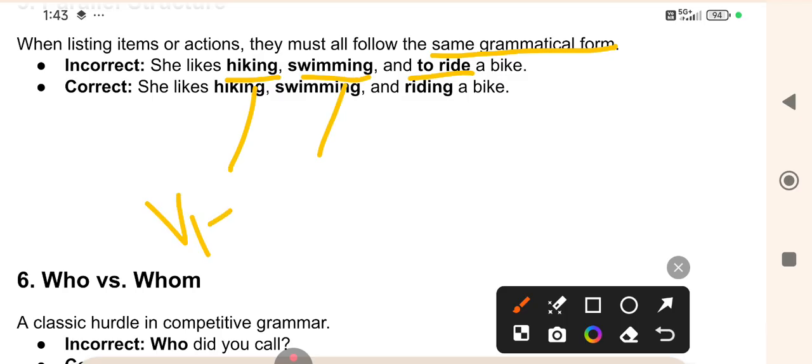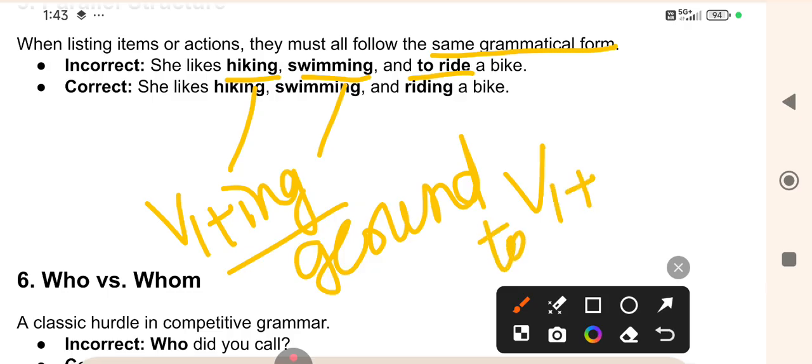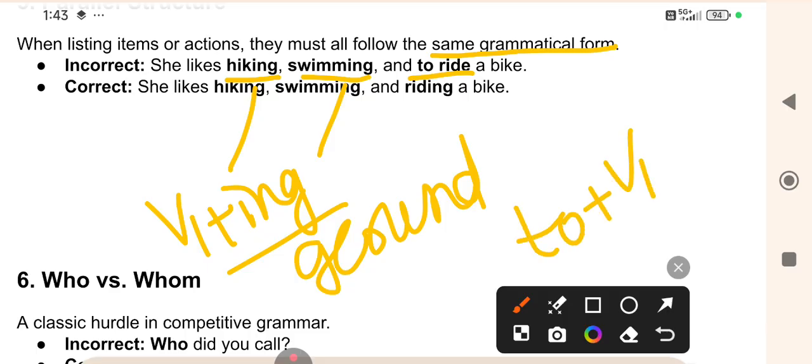Verb plus -ing is called a gerund. And "to" plus the first form of the verb is called an infinitive.